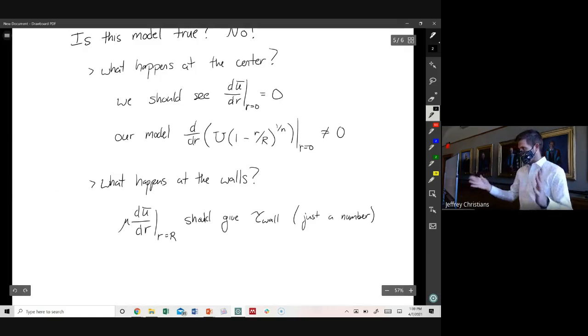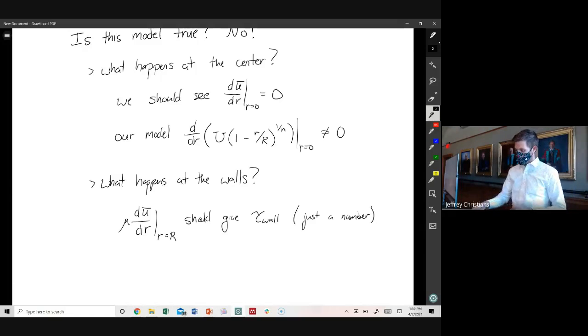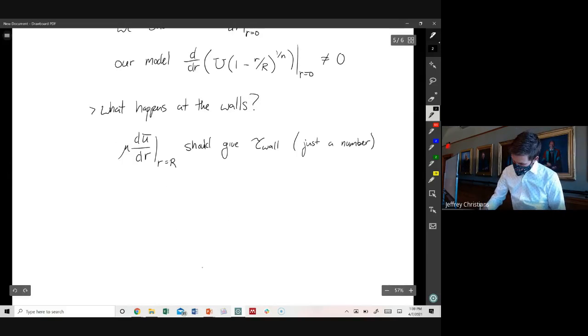That's just a number to give us a value. What happens when we do that? We get du/dr of capital U times (1 minus r over big R).